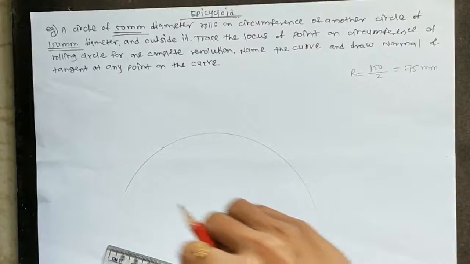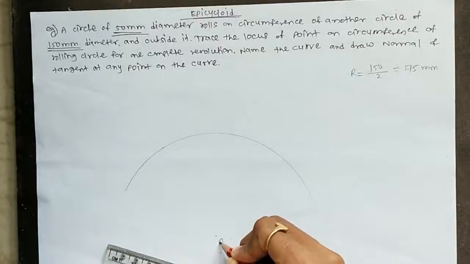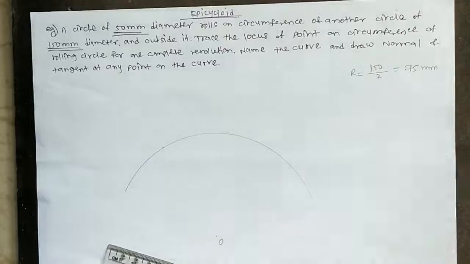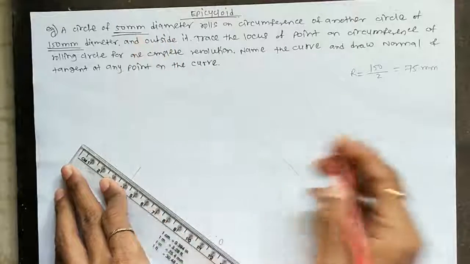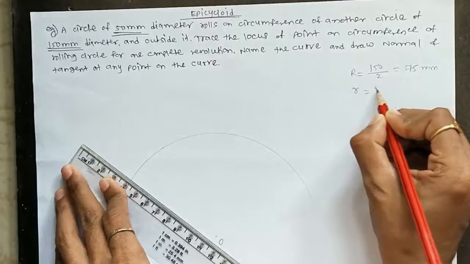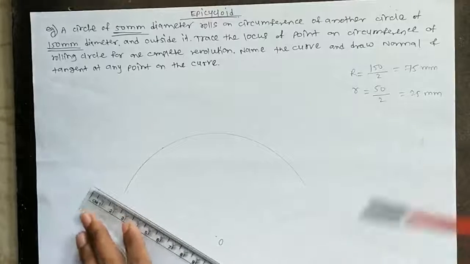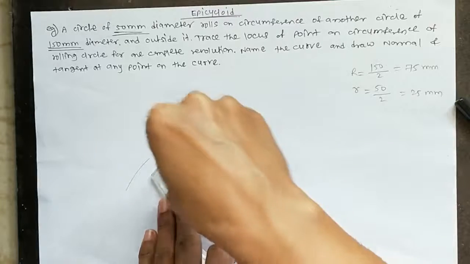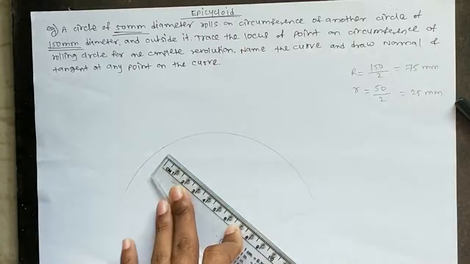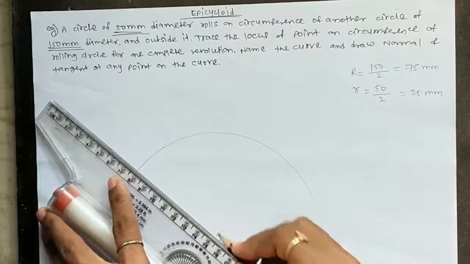I will give the name at this center point O. Then the rolling circle diameter is given as 50 mm. So take radius of rolling circle 50 divided by 2, that is 25 mm. Take 25 mm in your rounder and center point.